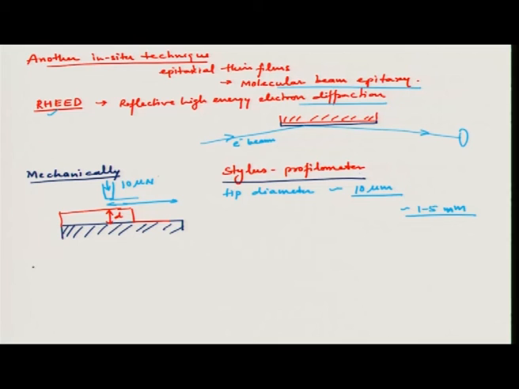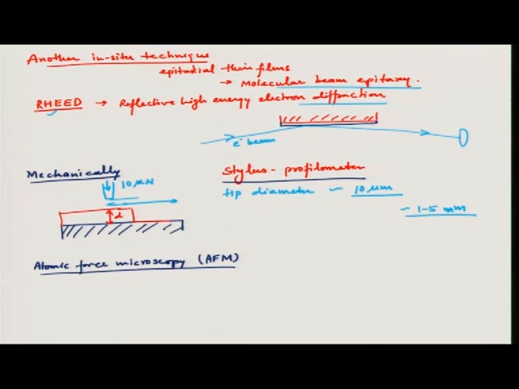Another technique, which is very similar, is called atomic force microscopy, or AFM. In this technique for thickness measurement, you do essentially the same thing, but here the tip is very small. The tip diameter is of the order of 20 to 25 nanometer. And your load is very small, and it is attached to a piezo crystal.